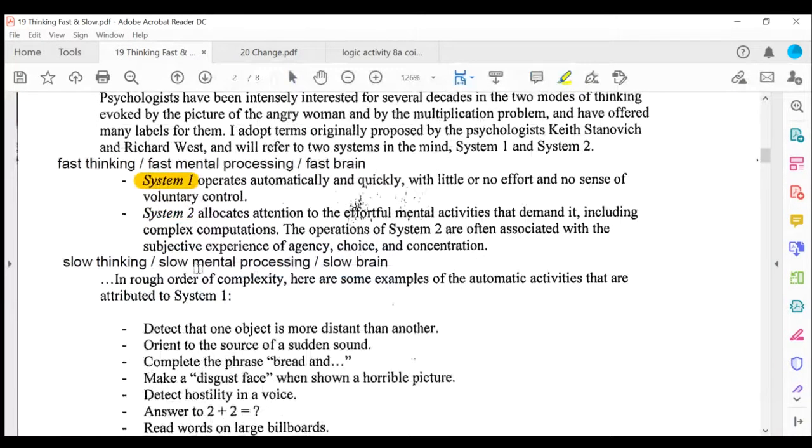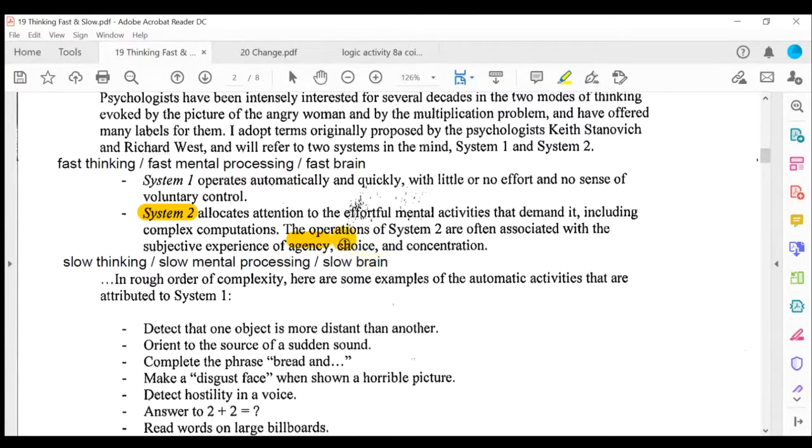And in system 2, down here, our concern is that our processing is more about allocating attention deliberately to effortful mental activities that demand it, like complex computations. The operations of system 2 are often associated with the subjective experiences of agency and choice. I'm trying to highlight this thing, agency.